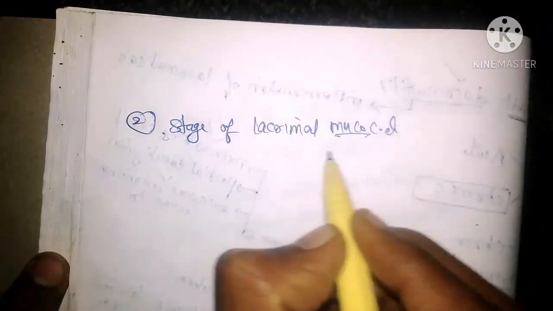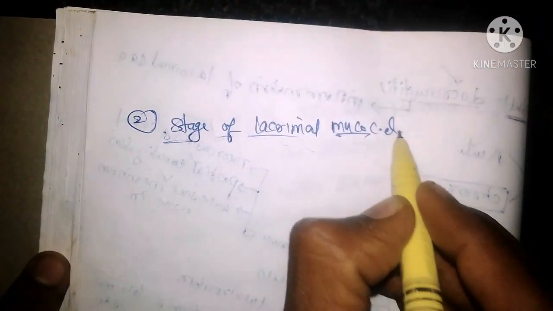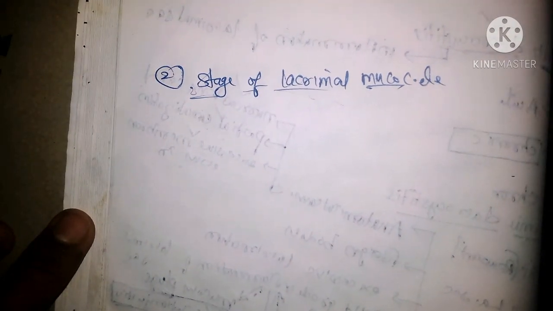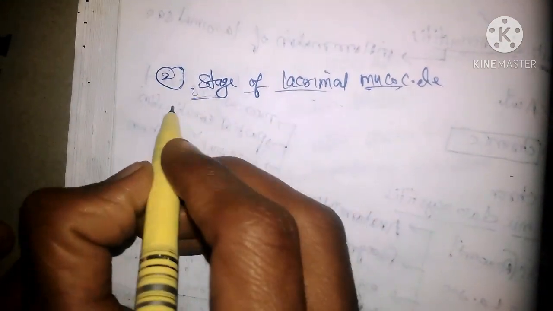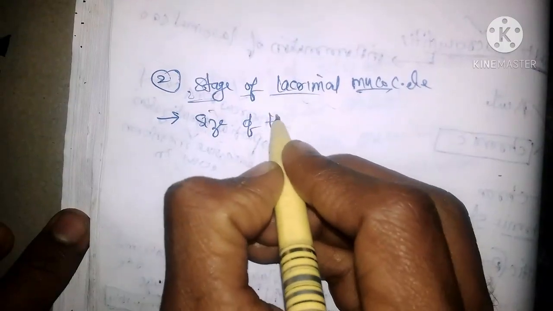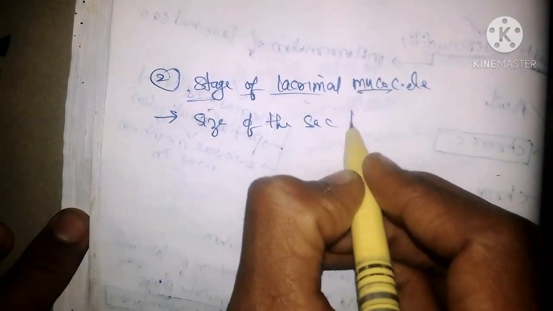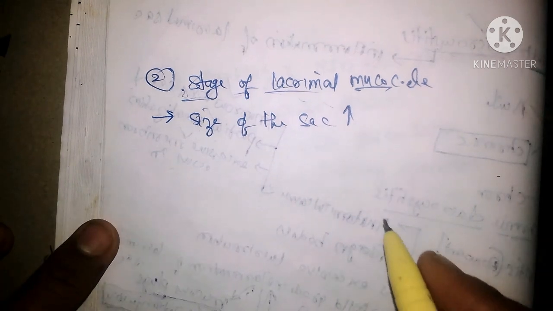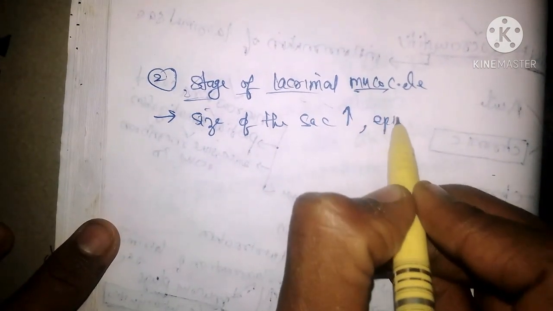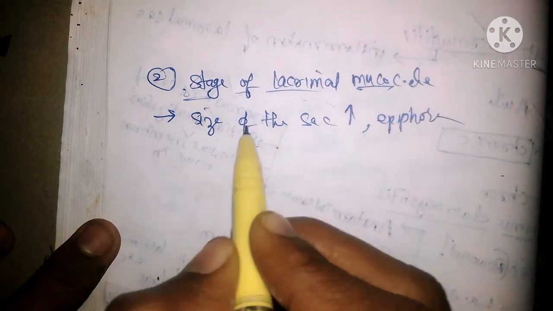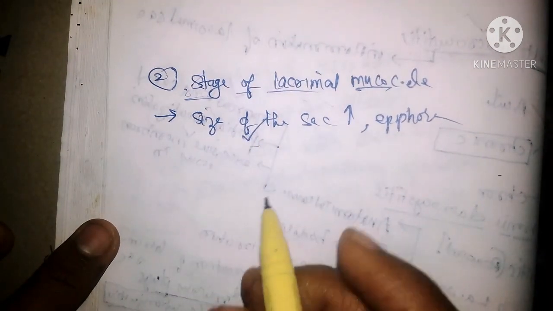So here what you see is as the time passes, as the infection remains, the size of the sac will increase. Clear? The size of the sac will increase, and there will be epiphora. As I told you, there will be epiphora in almost all the stages.